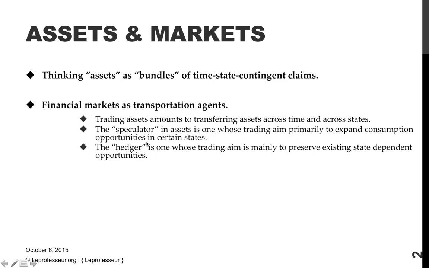Now there is a little distinct thing here which I noted down from a textbook. The speculator in assets is one whose trading aim is primarily to expand consumption opportunities in certain states. So what it means is that a speculator will gamble on certain assets, that the value of those assets will rise in time, and then that person will sell it off.